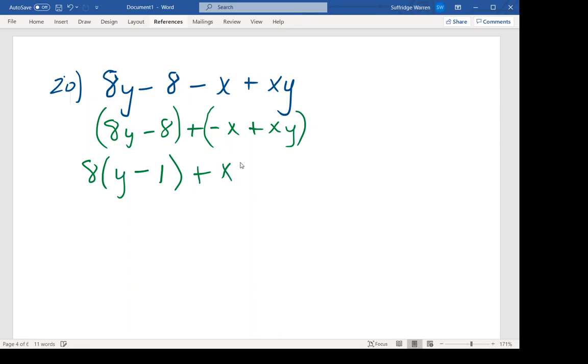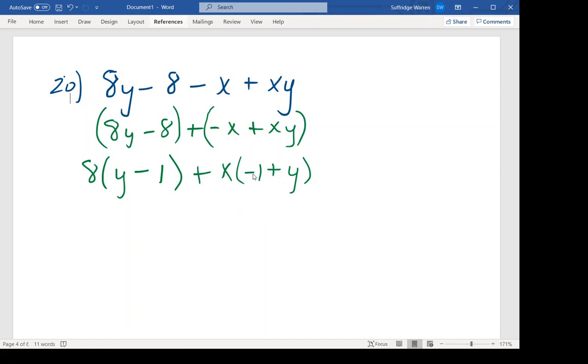They both have a common factor of x. So when you take out the x, what are you left with here? x times what is negative x? Well, it is negative 1. x times negative 1 gives you the negative x. And now for the second term, x times y is xy.